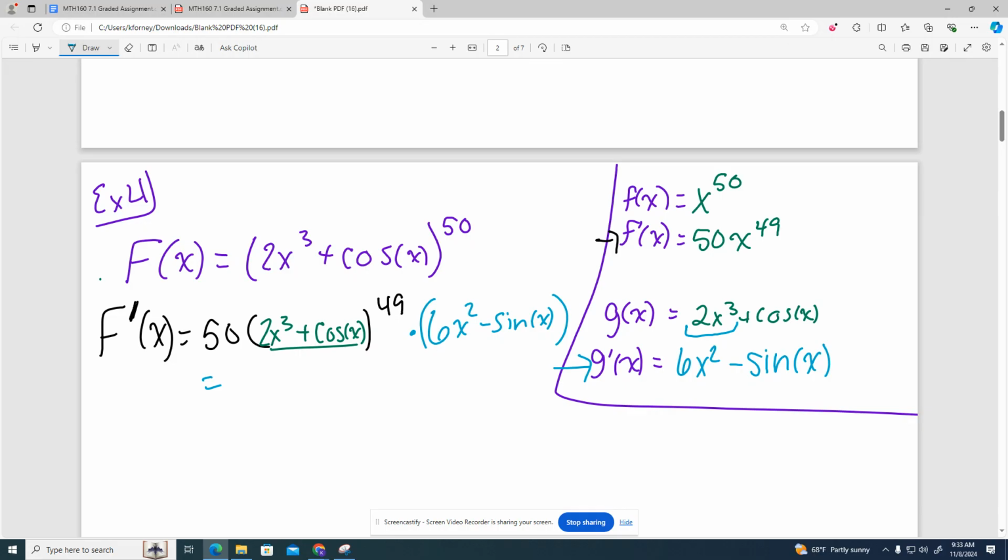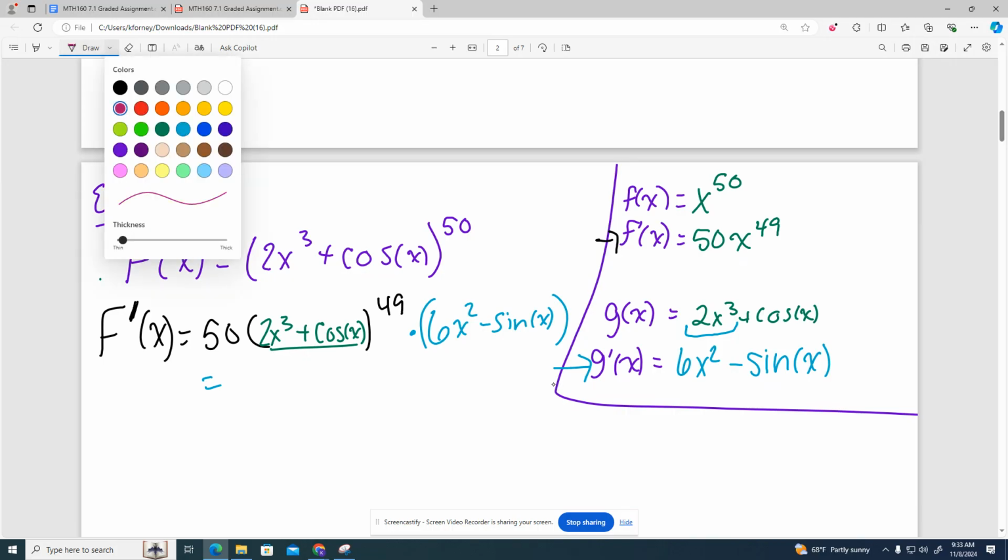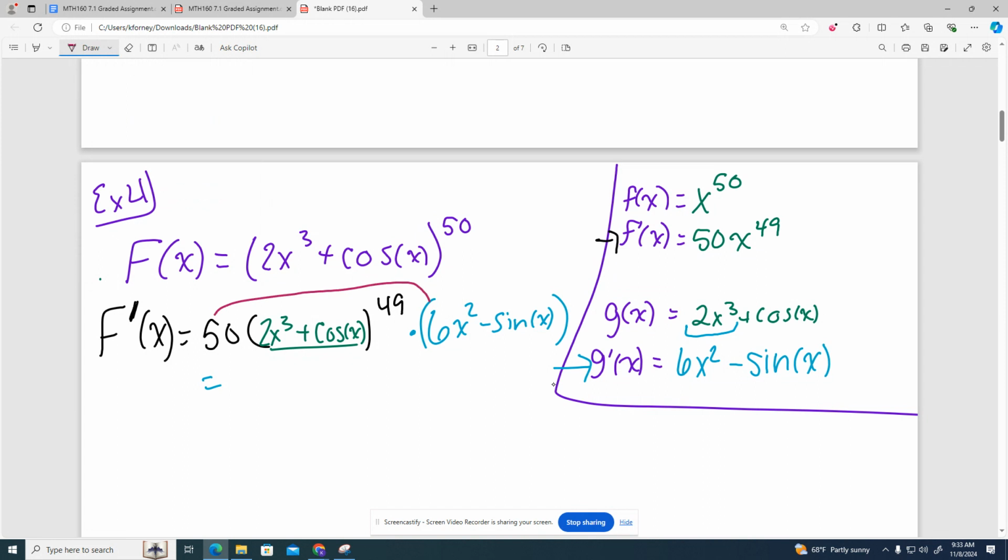Not 50 over 6. That is not a 1/6. It would be 50 times 6, which is 300. So let me show you what I'm saying. You could distribute here. So 300x squared minus 50 sine x. But that still is going to be in parentheses.